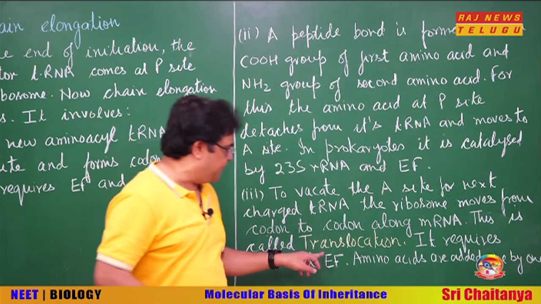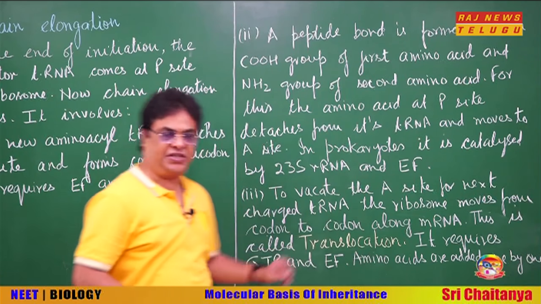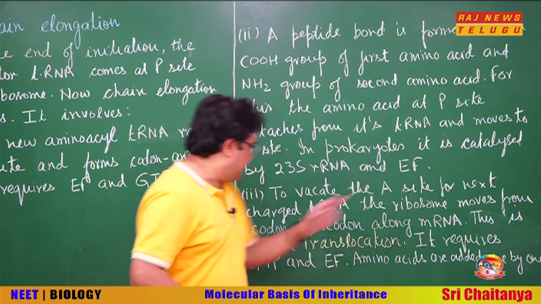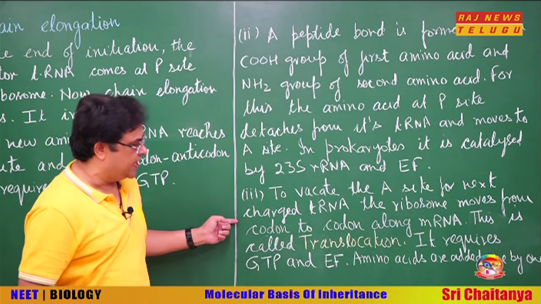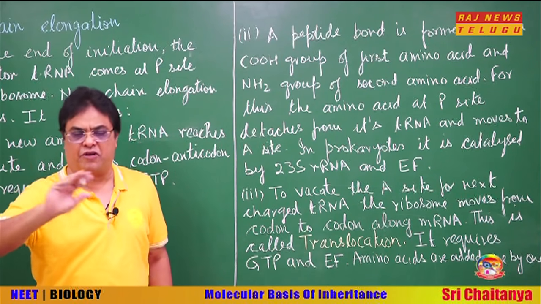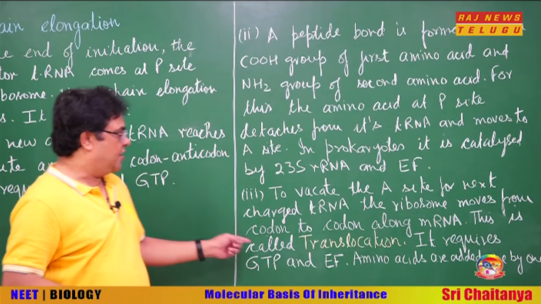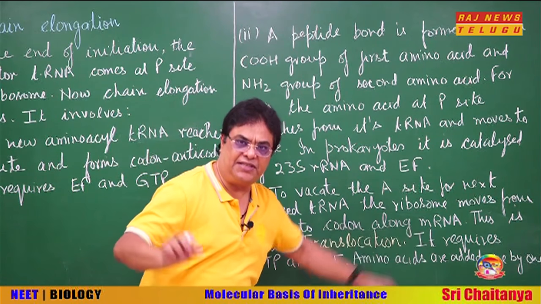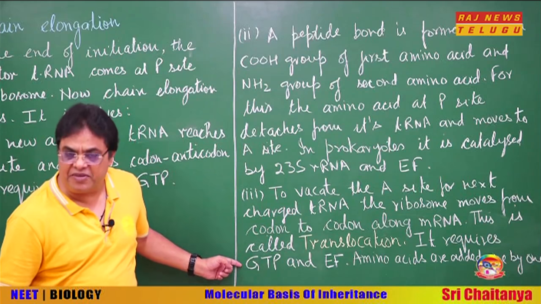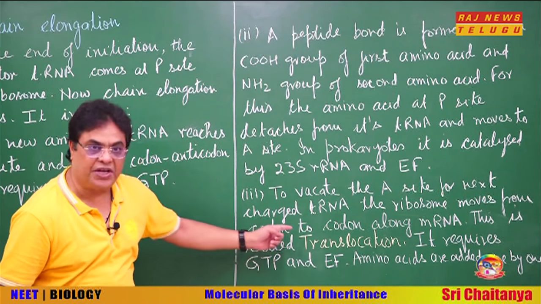This is done by a phenomenon called translocation. How is it done? To vacate the A site for the next charged tRNA, the ribosome moves from codon to codon, one codon at a time, along the mRNA. So this vacates the A site for the next charged tRNA. This phenomenon is called translocation.